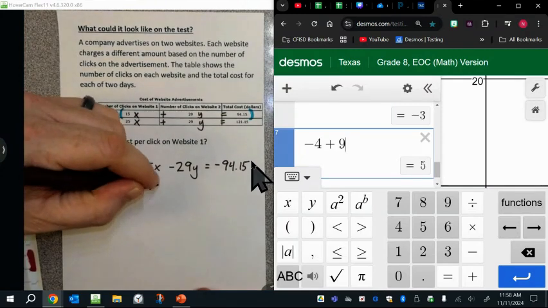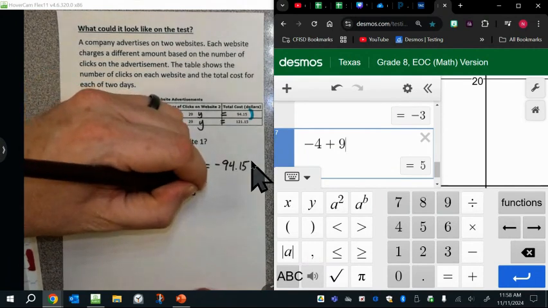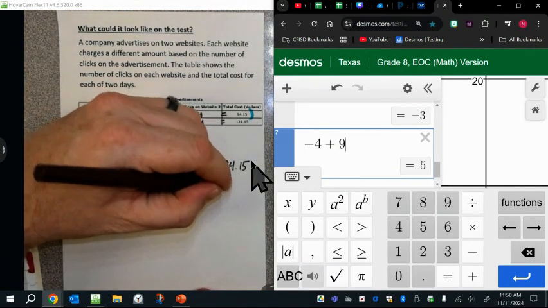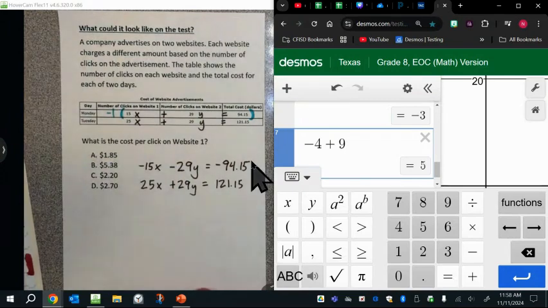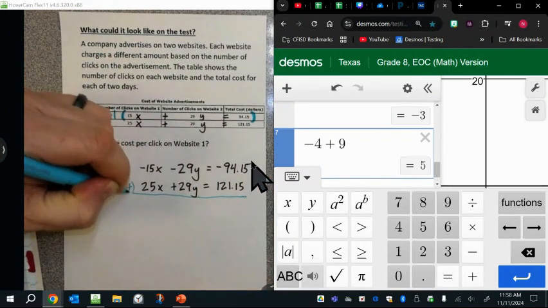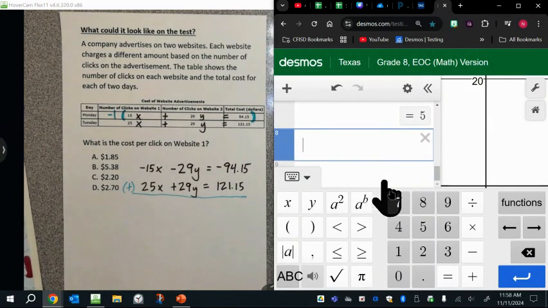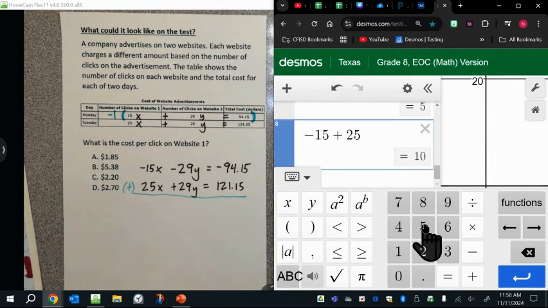I'm going to bring down my 25x, my positive 29y, and my $121.15. Now I'm going to add my two equations together. So negative 15 plus 25, 10.